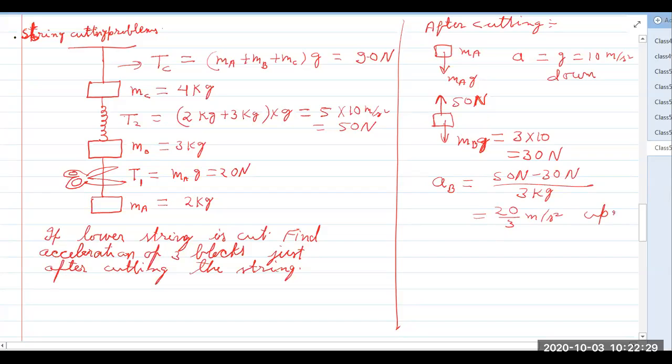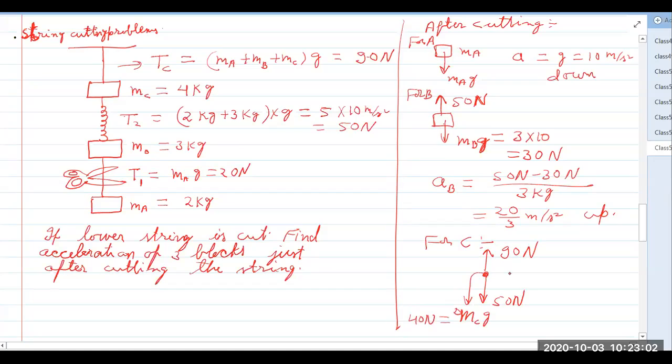Okay, this is for B, this is for A. Now for C, the spring is there. So the spring will have the same tension, 50 Newton down, then 90 Newton up, which was there, and then its weight, 4 kg into g, that is 40 Newton.